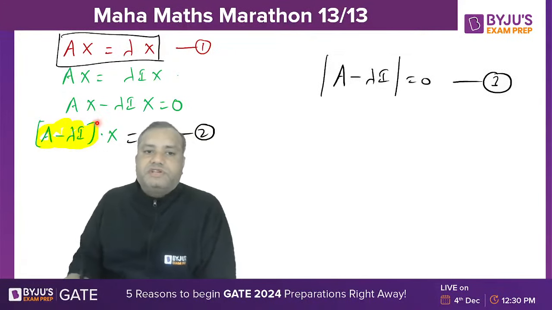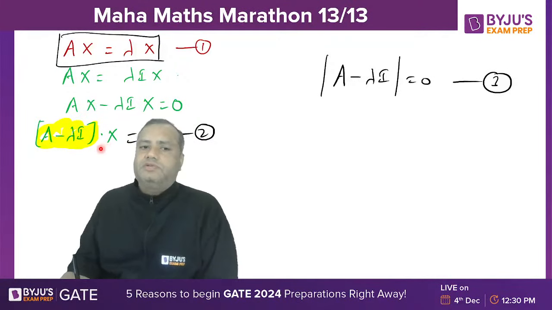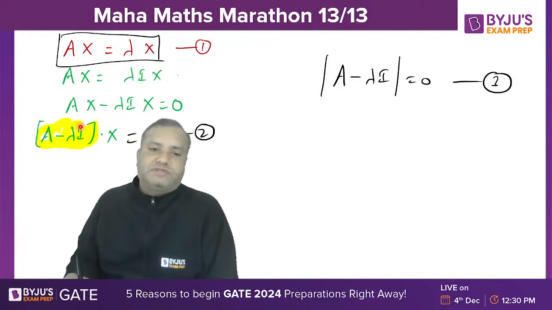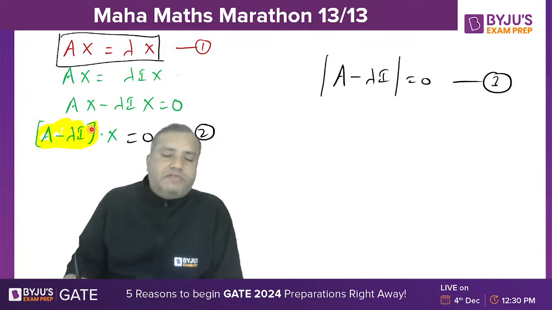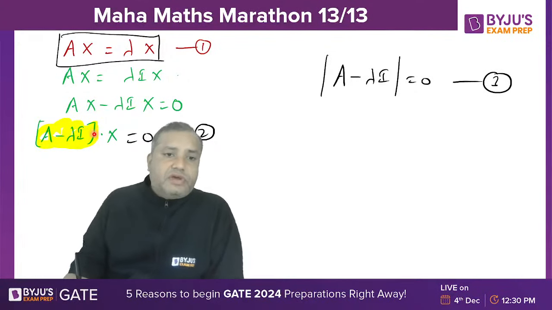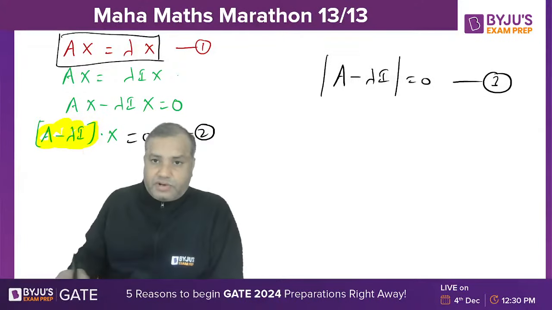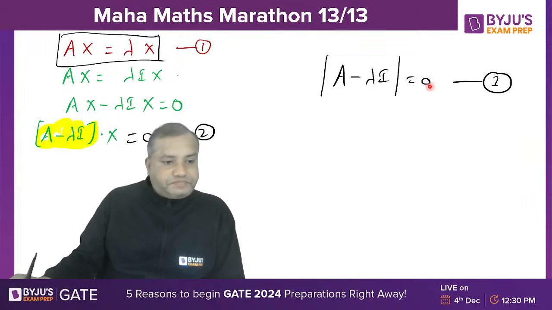This is nothing but a homogeneous system. For a homogeneous system to have a non-trivial solution, the coefficient matrix must be singular. Non-trivial solution होने के लिए coefficient matrix singular होना चाहिए. So the coefficient matrix of this homogeneous system is singular, then its determinant will be 0.